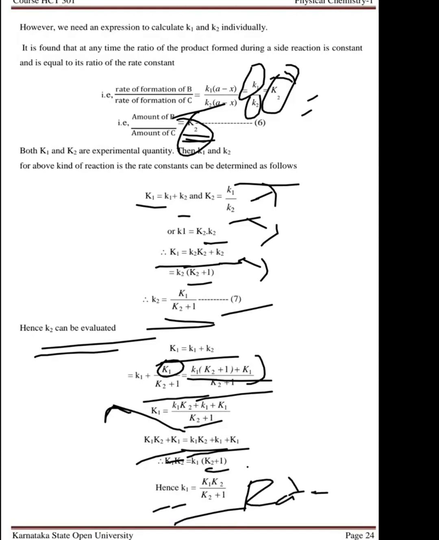This small k1 represents the rate constant of product B here, and small k2 is the rate constant of product C. Two parallel reactions are taking place.